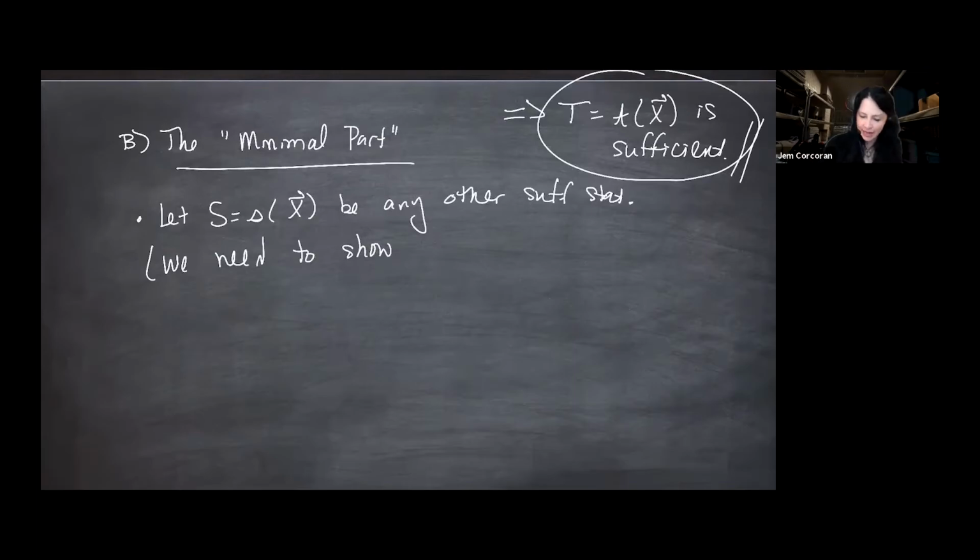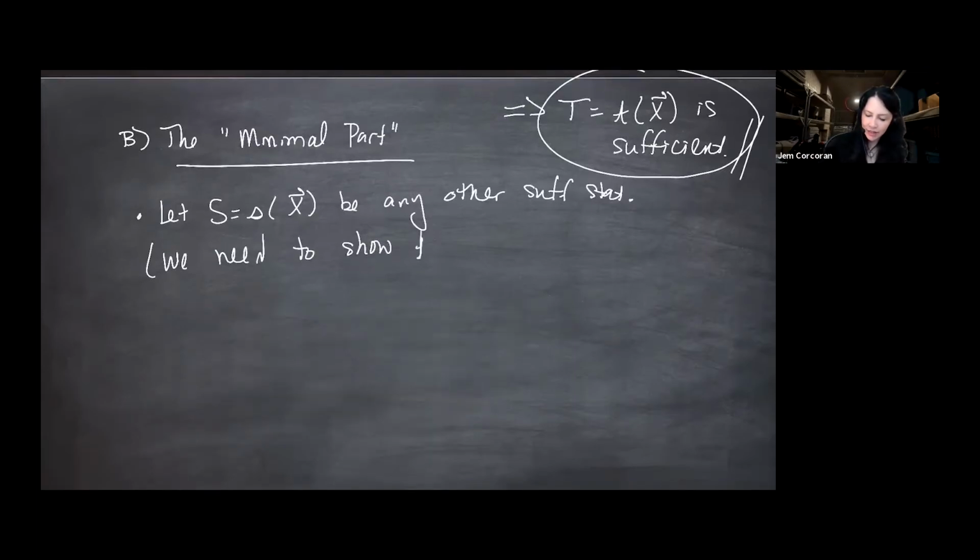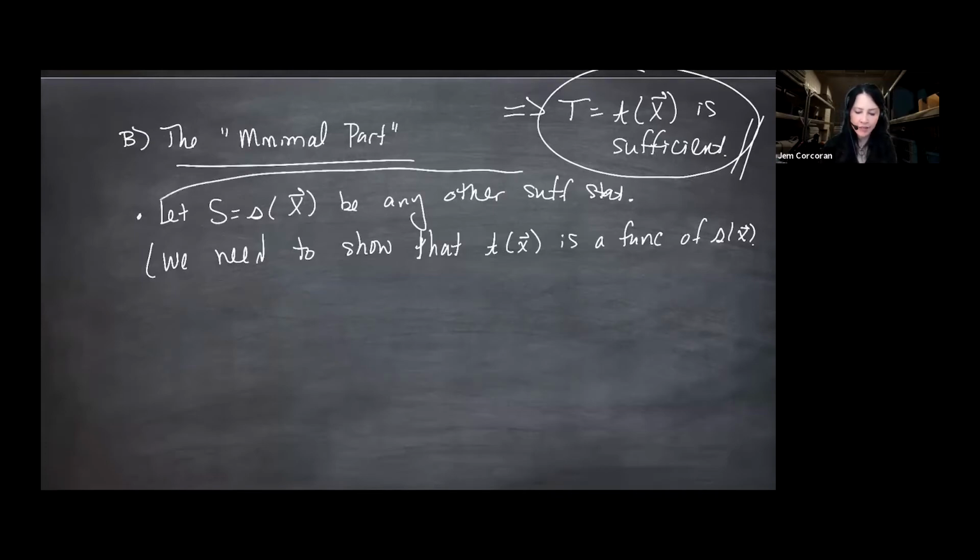So we need to show that T of x is a function of S of x. Okay, so that would be enough to show minimal sufficiency because I just took any sufficient statistic, and T is the thing we're claiming is minimal sufficient.